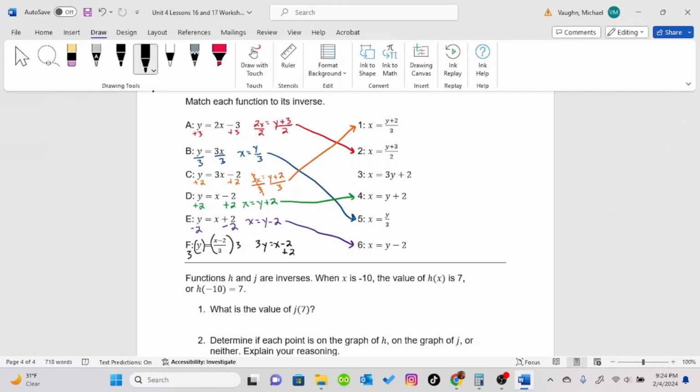Then we would add 2 to both sides, and we would get x equals 3y plus 2, meaning F matches choice 3. This is how you find inverse functions.